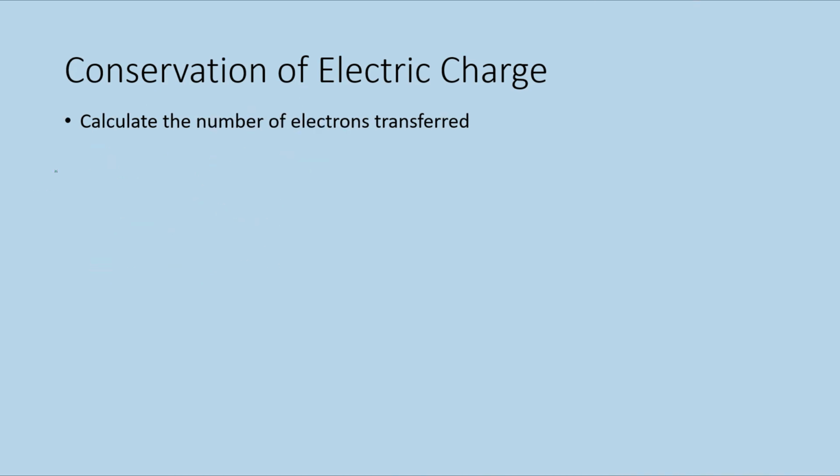Now, the number of transferred electrons, we will use the same method we used before. Q transferred is equal to the number of transferred electrons multiplied by e as a positive value, because we found Q transferred in an absolute value, so no need to put the minus sign.